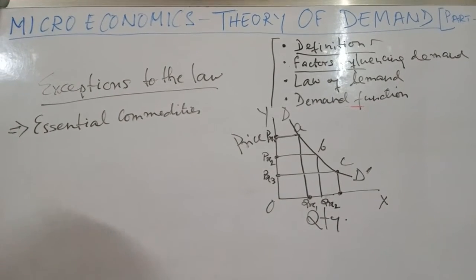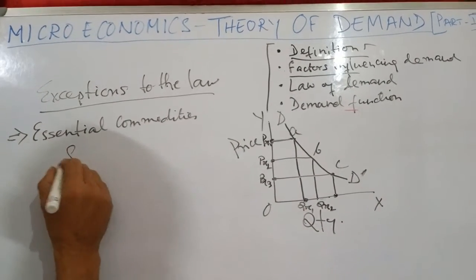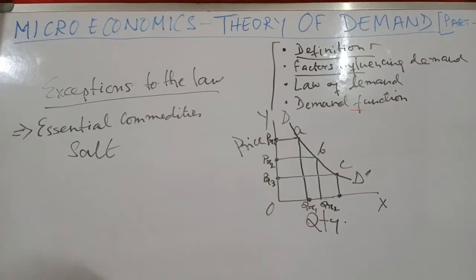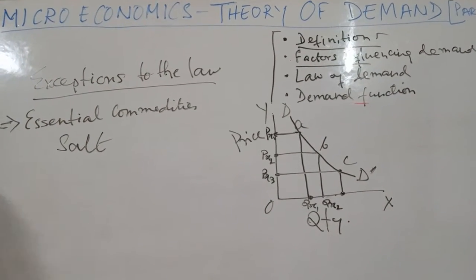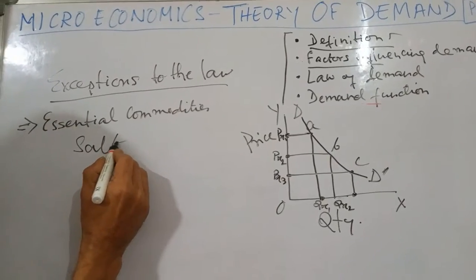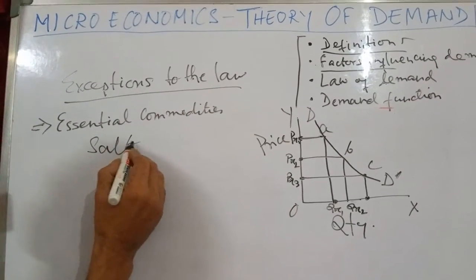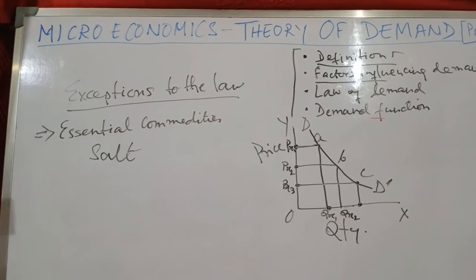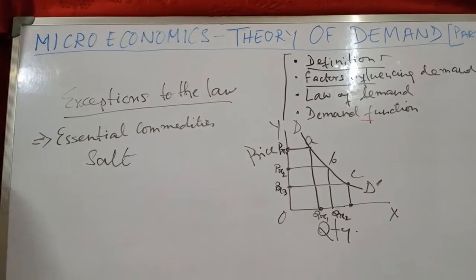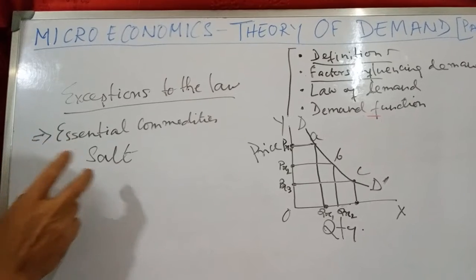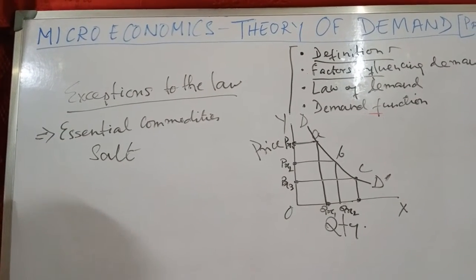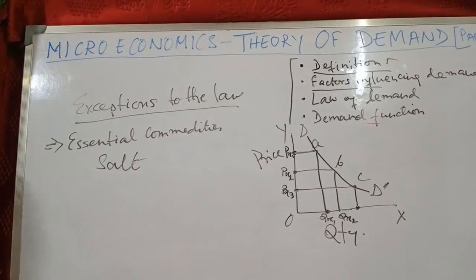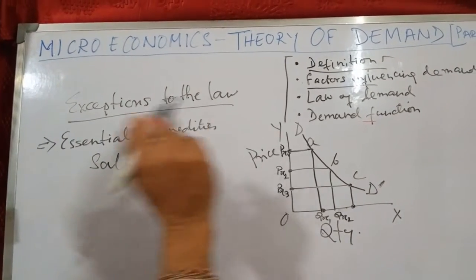Say for example, salt. Salt is an absolutely essential commodity, and secondly, the proportion of money income spent on salt is a very small percentage of the total income of the consumer. Now, salt does not follow the law of demand.